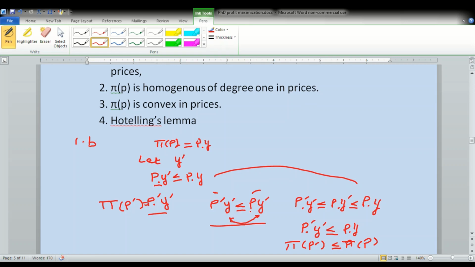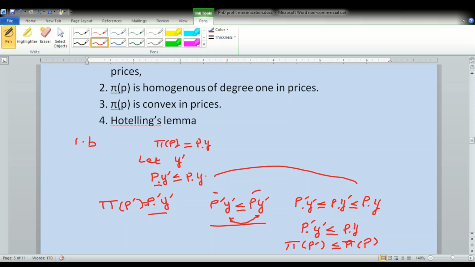Output prices are identical, so revenue is identical on both sides, but on the left hand side we have higher input prices relative to the right hand side, so the cost must be higher on the left hand side. The revenue minus cost must be lesser on the left hand side relative to the right hand side.